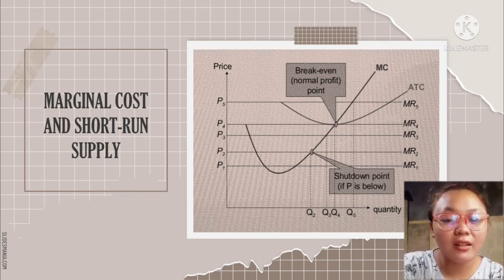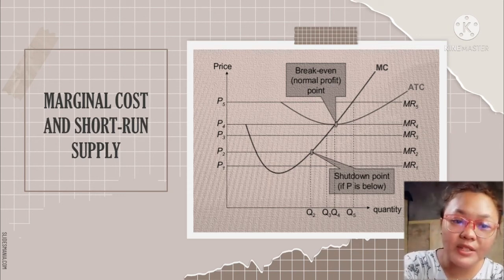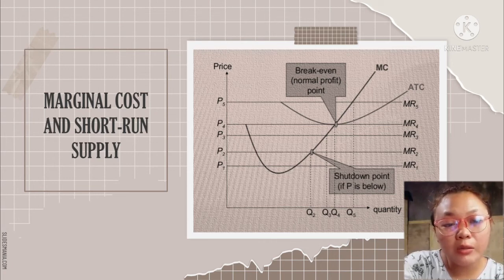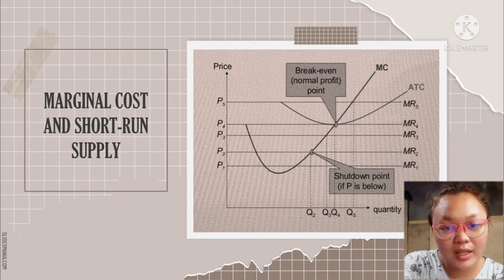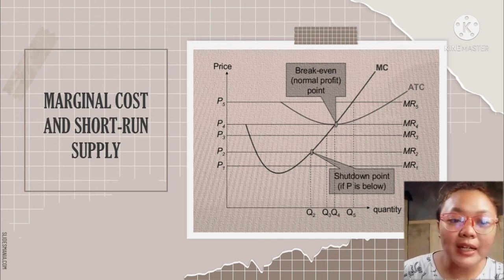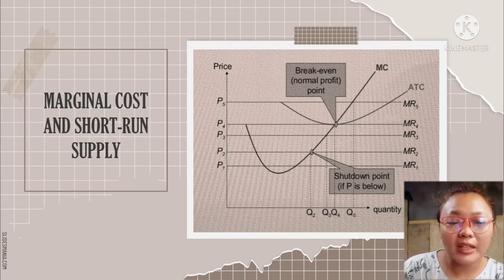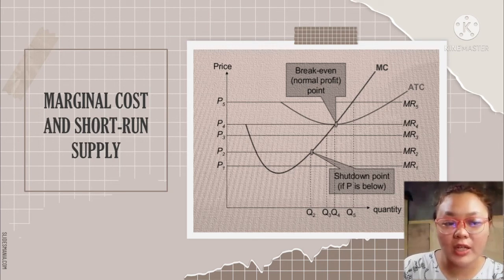Accordingly, the marginal cost curve, called MC, is the firm's supply curve for output. As the price of output rises, the firm is willing to produce and sell a greater quantity. Combining the MC curves of all firms producing the product gives the supply curve for the industry.